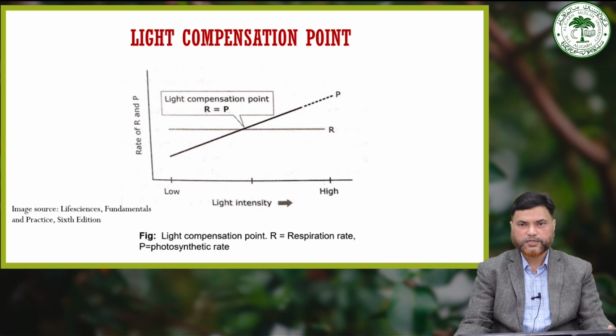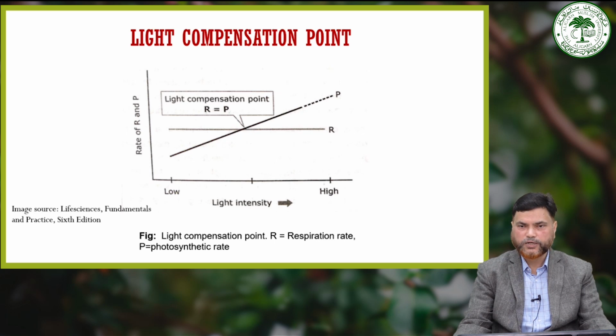So in dark condition, photosynthetic carbon dioxide fixation does not occur, and plants release carbon dioxide due to aerobic respiration. In the presence of light, photosynthetic carbon fixation begins. So when light intensity increases, photosynthetic carbon dioxide fixation also increases.